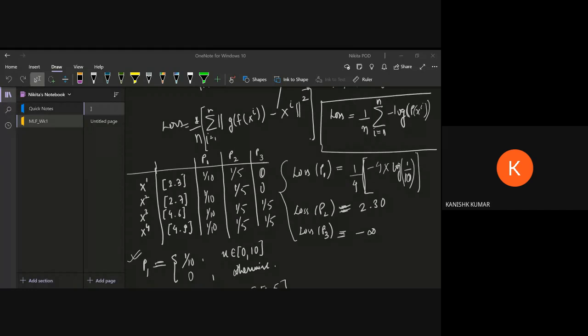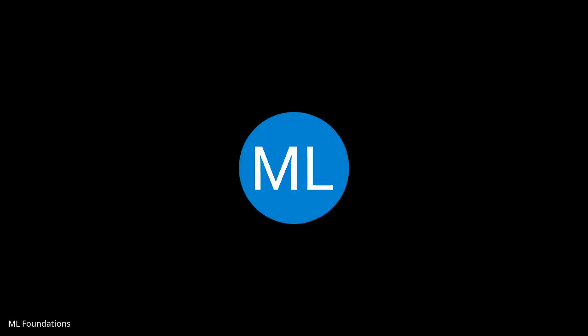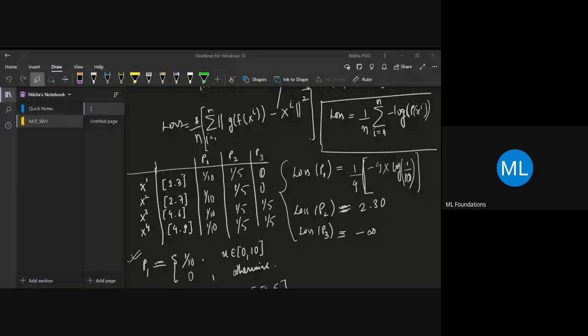Then the loss of P2 is 1.60. Oh, lost the screen. Sorry. It's visible now.